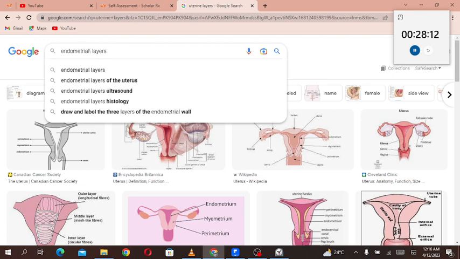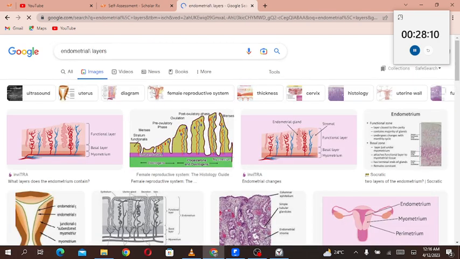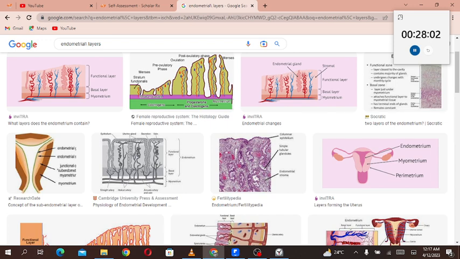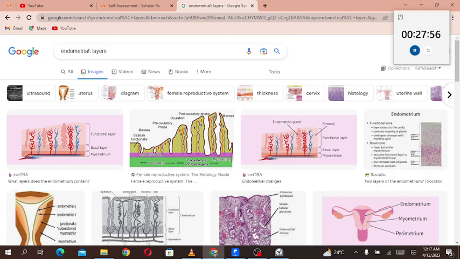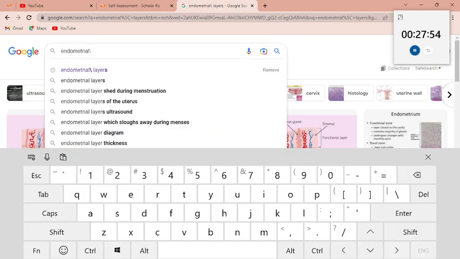The endometrial layers are the functional layer, basal layer, and myometrium. So decidua functionalis, and then we have the decidua basalis, and then there is myometrium. So the placenta inserts into the basalis layer, I guess.